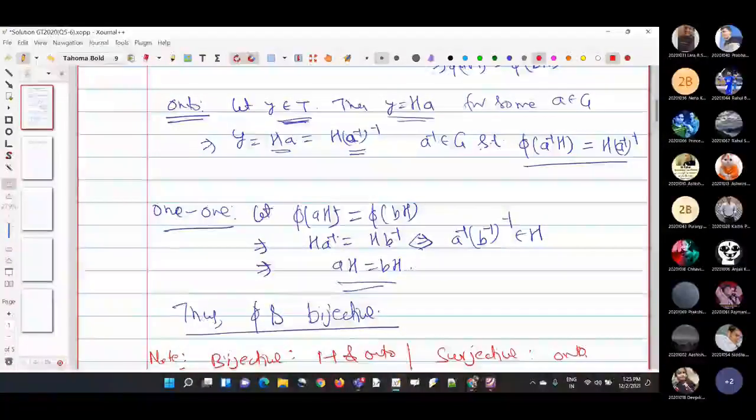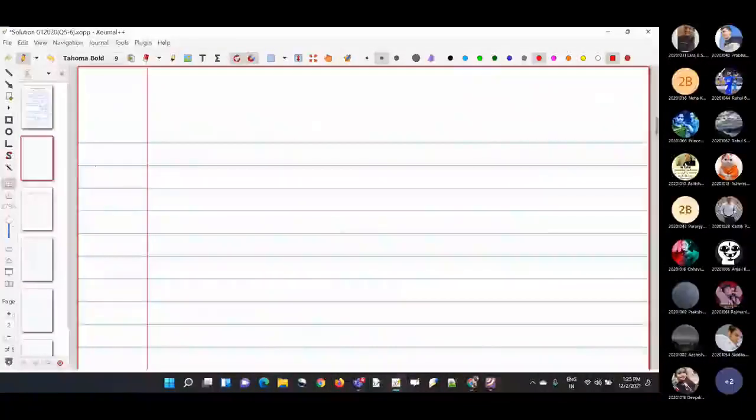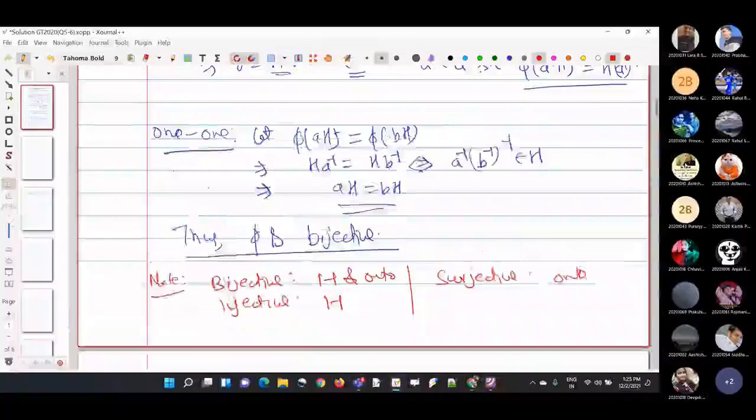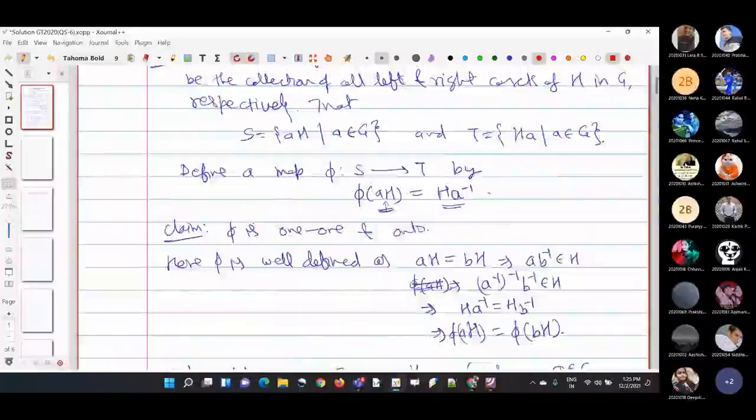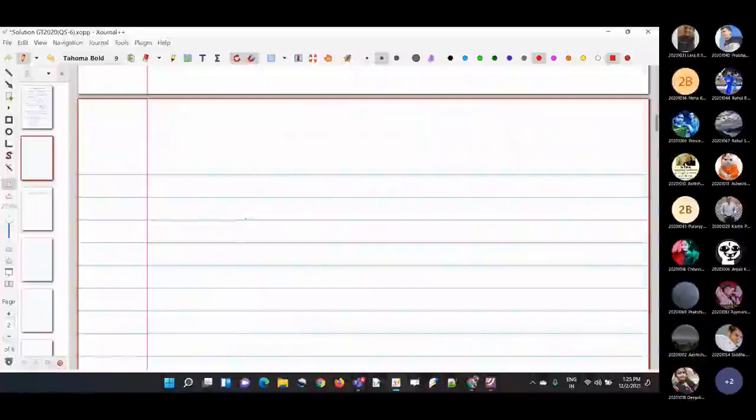In fact this cannot hold, because without equality of elements, suppose you have two elements a and b, and you are finding the coset, right coset for example, or left coset. Even if they are distinct, it may happen that Ha equals Hb. This is possible also.